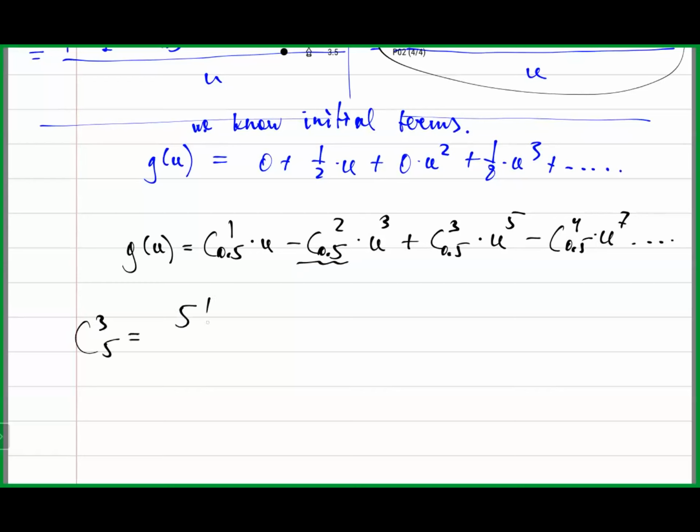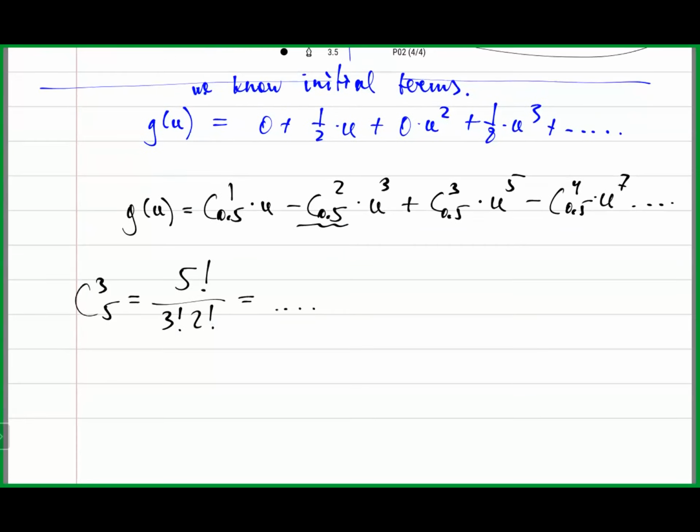I hope you know that it's 5 factorial over 3 factorial over 2 factorial. But I think you may be a little bit surprised that you can also do something like choose 3 from 0.5, or this guy.